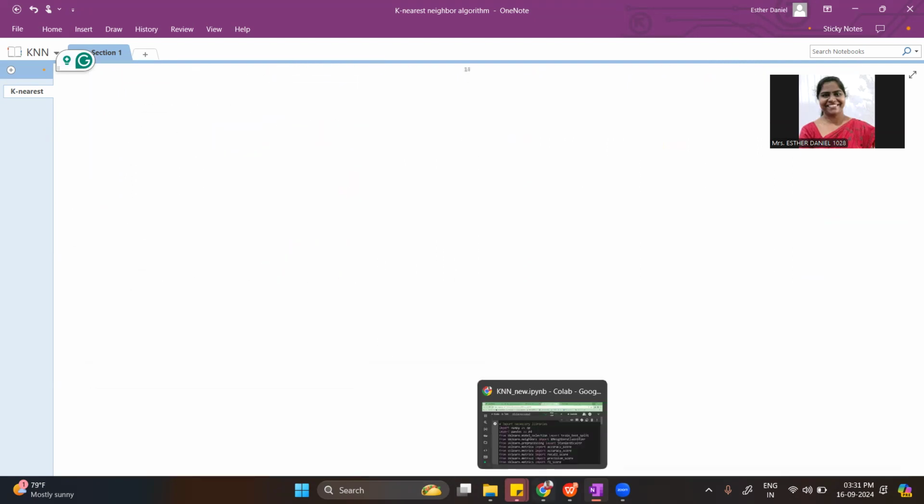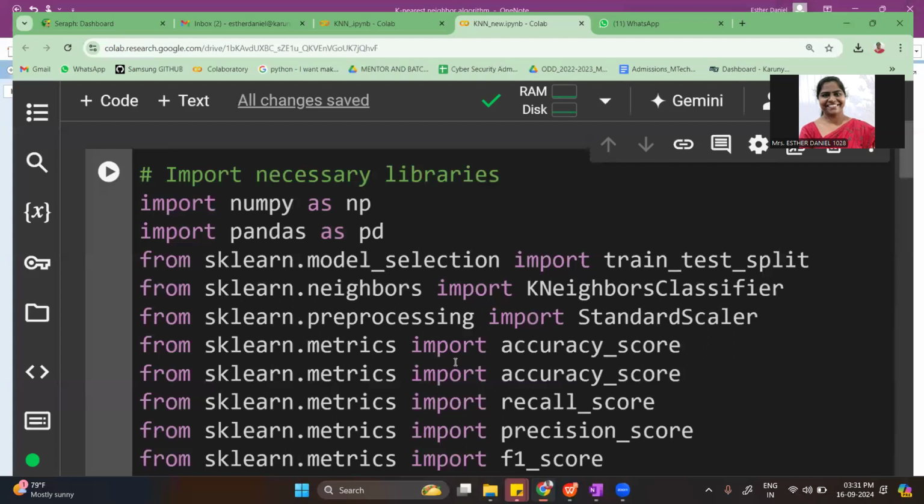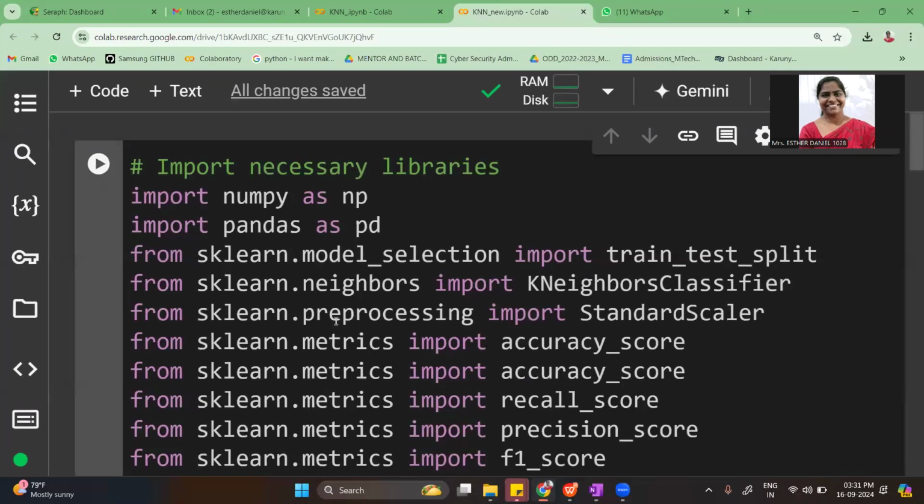This is with respect to the classification algorithm, and I'll show you the simple code for the same data that we have executed. You have to work with your own data set, but I have used the same data to show you how this algorithm is working.